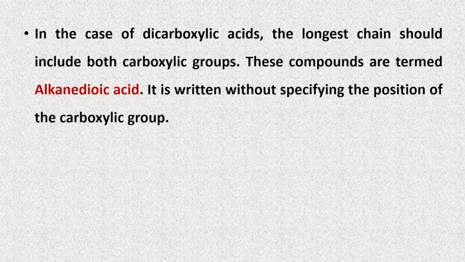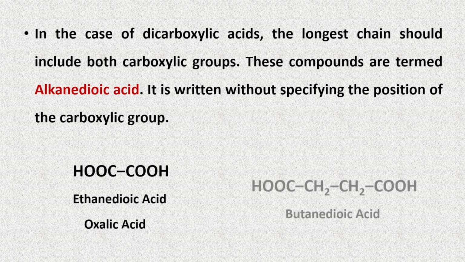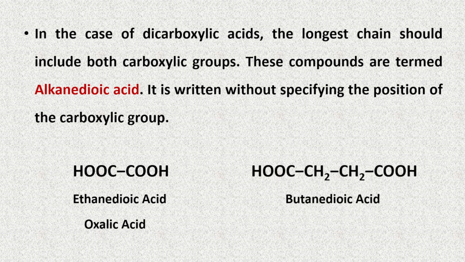These compounds are termed alkane dioic acid. It is written without specifying the position of the carboxylic groups, as both functional groups are present at the end of the parent chain. For example, ethane dioic acid, also known as oxalic acid. The second compound is butane dioic acid, which is also commonly known as succinic acid.